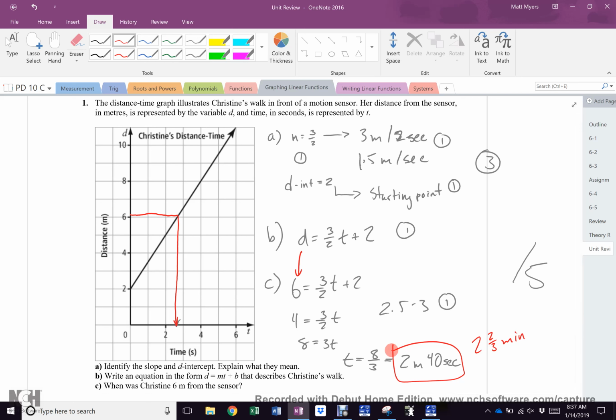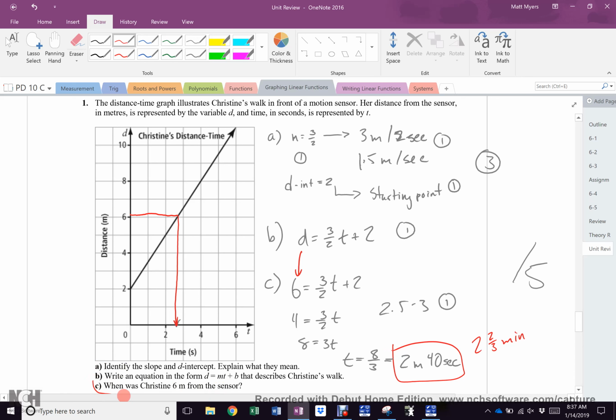Any questions? That whole number 1 there is out of 5. Everyone is good? This question is a really good example of the type of question that might show up on your numeracy test. Except it wouldn't have any of this.